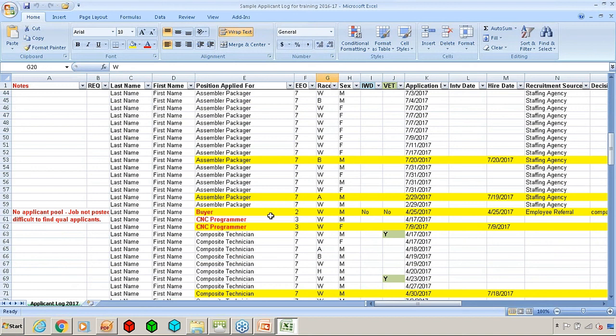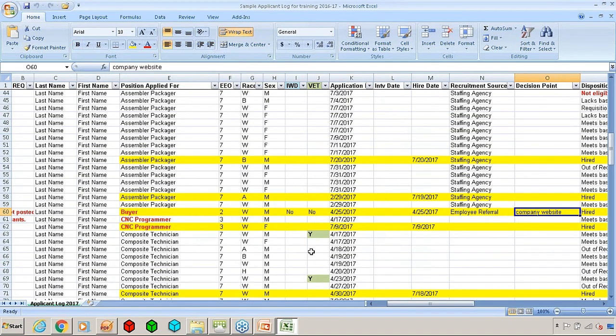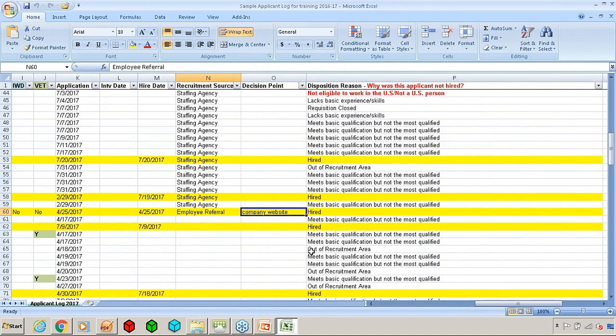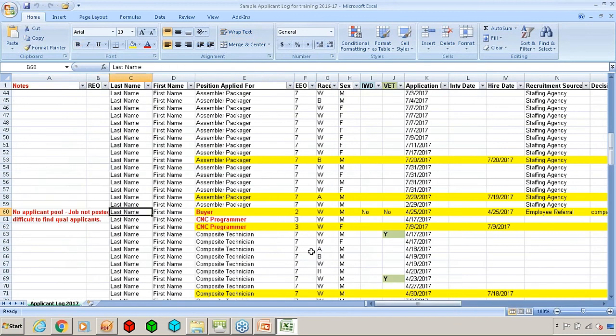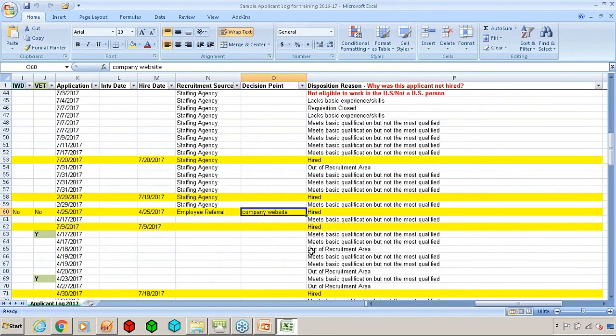In this case, this is a buyer. There's no applicant pool. This tells us the job was probably not posted. So this is an employee referral. Person was probably very qualified. They were told to go to the company website. Here it says, how did they apply? They went through the company's website.